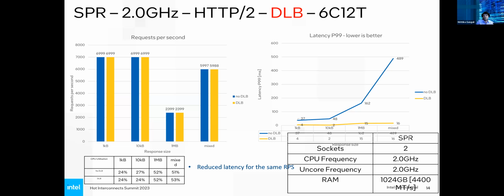So we have two usages where we are running it first with a set number of max requests per second. For each data set, the max that it reached is, for example, 7,000 for 1 kilobyte and 7,000 for 10 kilobyte, whereas for 1 megabyte, it goes down to almost 2,400. And we look at the latencies that each of these different data sizes give. For the mixed one, you get around 6,000.